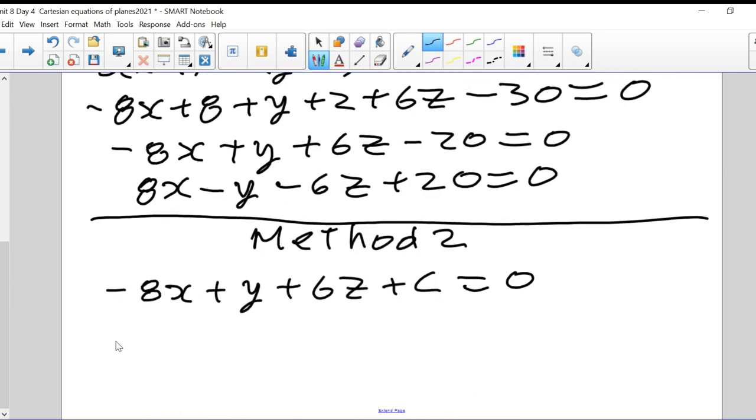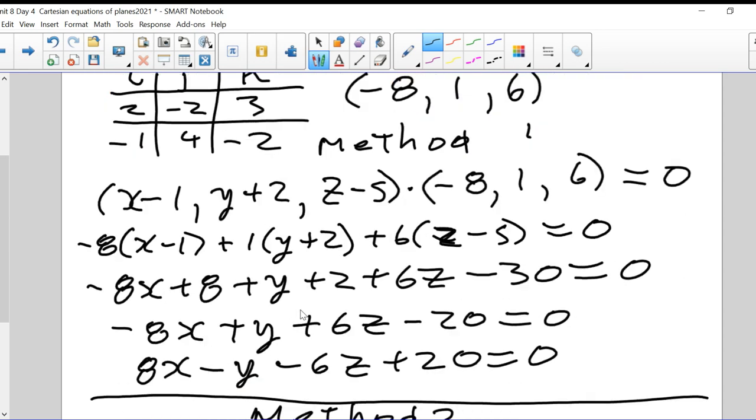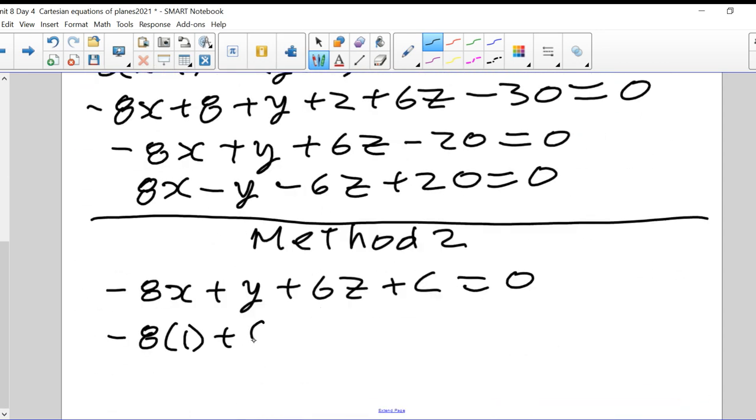So -8 times the 1, plus -2, plus 6 times 5, plus C is equal to 0. Now, let me just go back up.